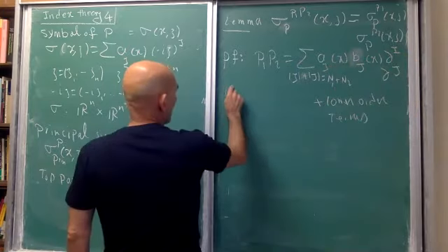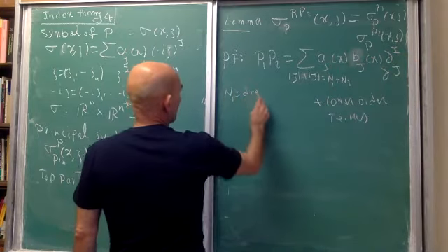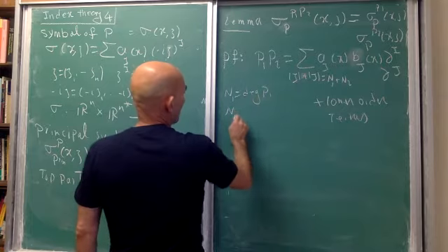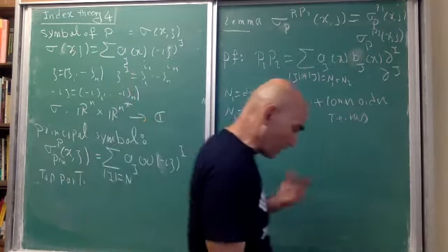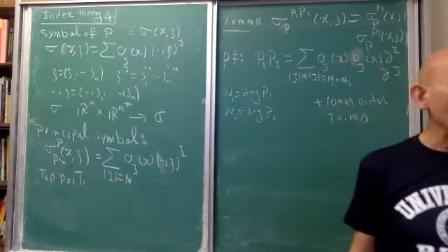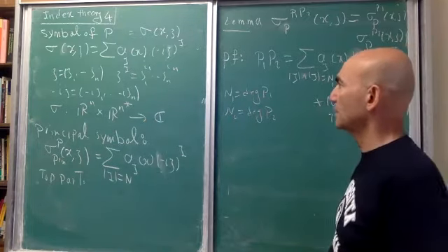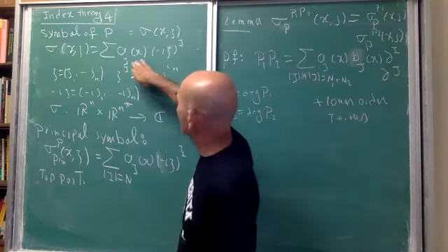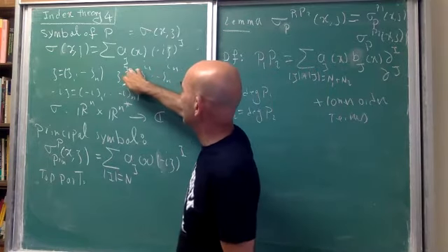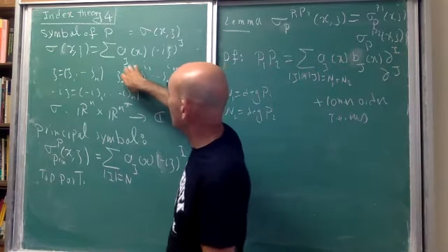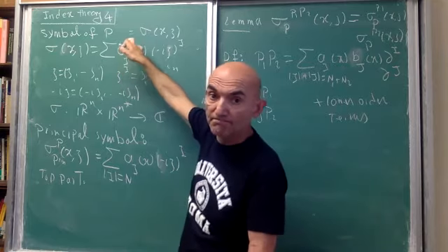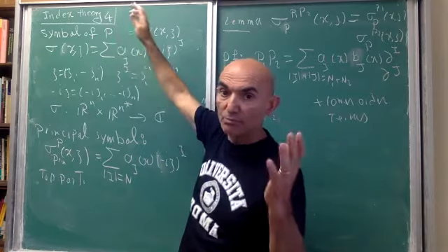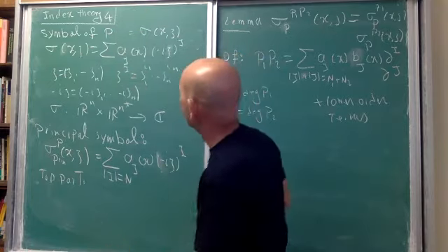So n1 is the degree of P1, n2 is the degree of P2. I did not formally define the degree, but you can sense what the definition is. The degree of this operator is the biggest total degree of the multi-index I such that a_I is non-zero, so at least one of those a_I's of maximum degree should be non-zero.